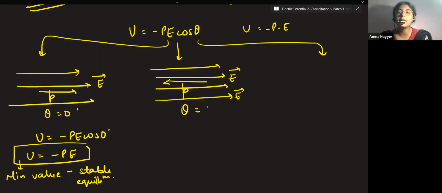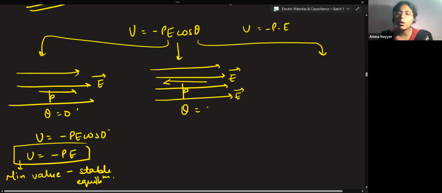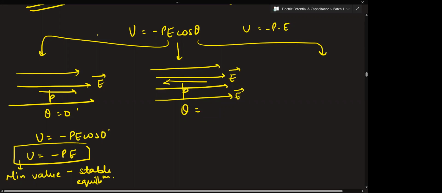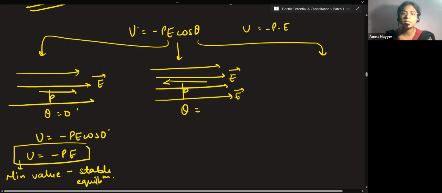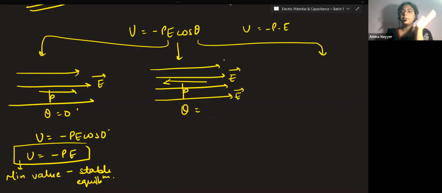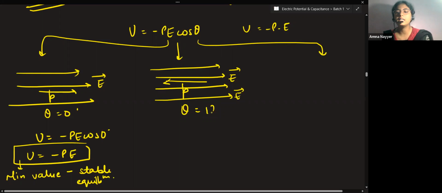If electric field and dipole are anti-parallel, what does this mean? 180 degrees, absolutely right. P is in this manner, electric field in this manner. So whenever it is written anti-parallel, the angle between them is 180 degrees.